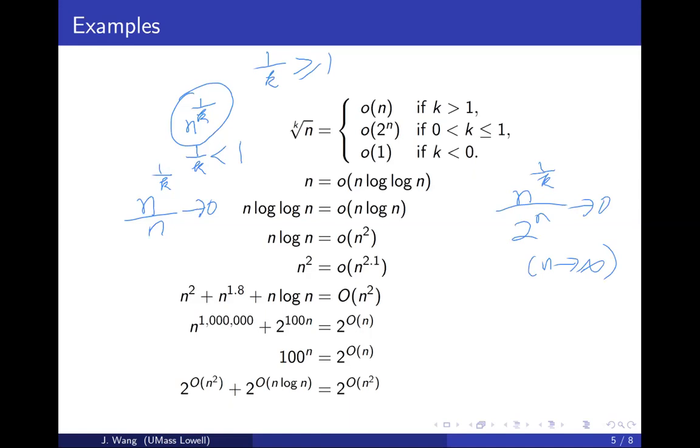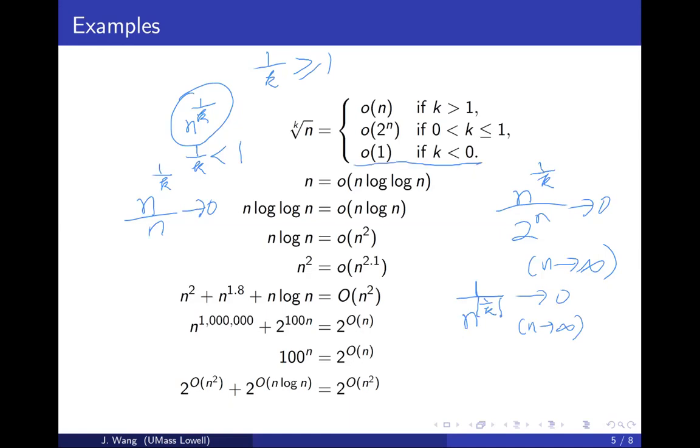And if k is less than 0, that means it is a negative number, so 1 over k is negative. Taking the absolute value, this of course goes to 0 when n goes to infinity.